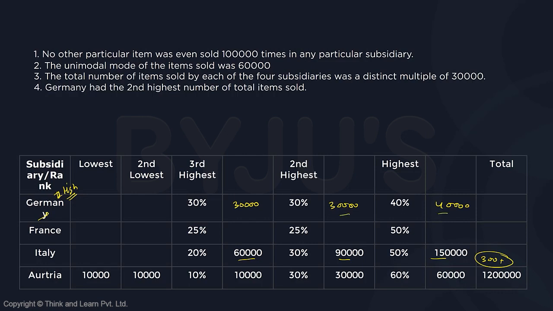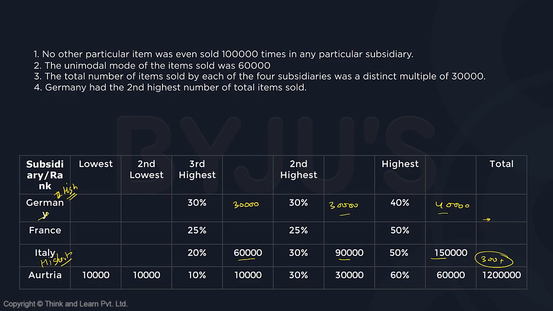I mean, this 30, 30, 40 can be doubled, that is 60, 60, 80, but cannot go beyond that, right? It could be either 30, 30, 40 or 60, 60, 80. 60, 60, 80 itself gives you 200, so this is 200 plus, and it cannot go beyond 300 plus. So definitely Italy will be the highest, right?